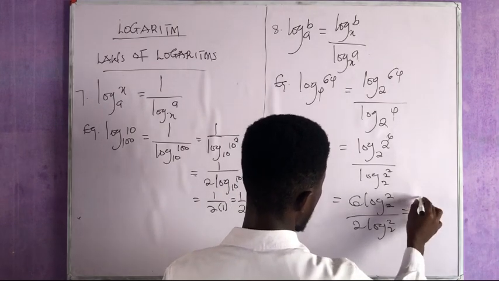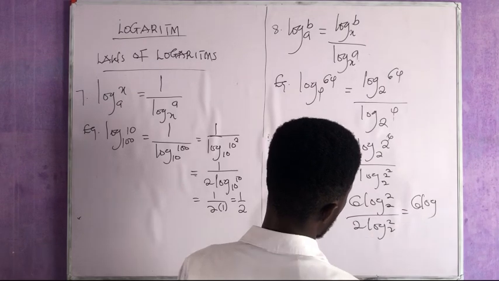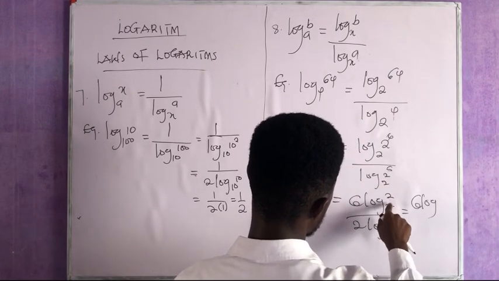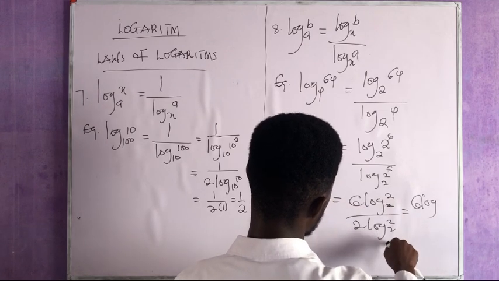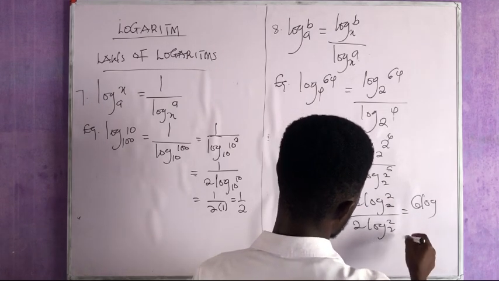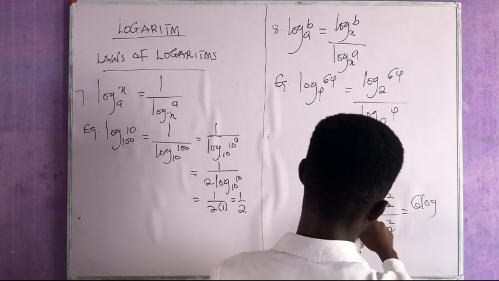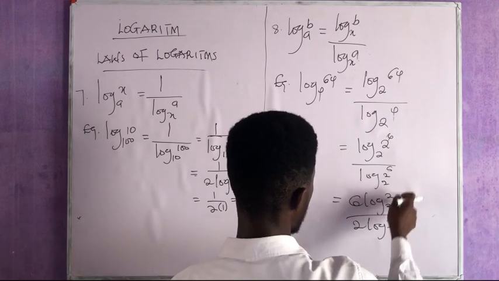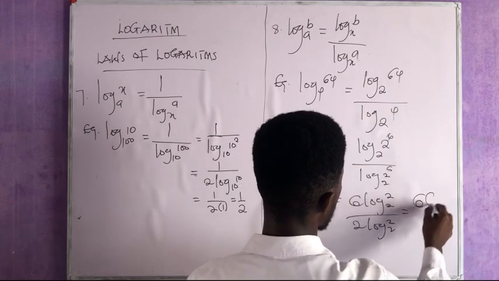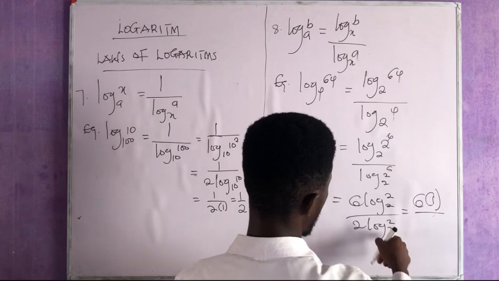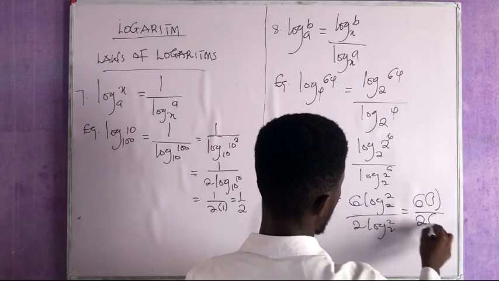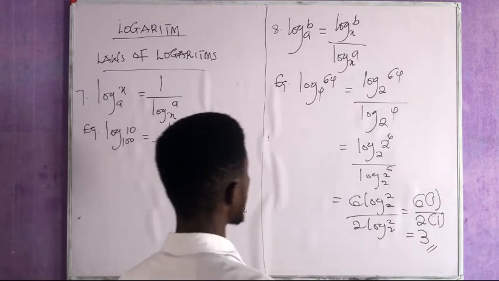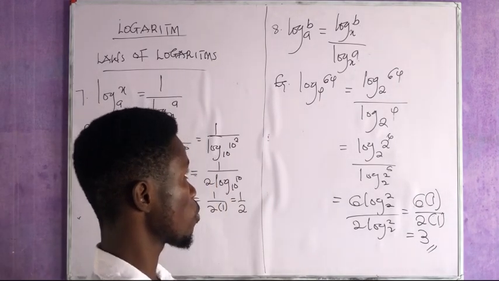And here we know that log 2 base 2 has the same base and the power, so it will go to 1. So I have 6 multiplied by 1, and this one will also go to 1, so 2 multiplied by 1. So then we are getting 3 as our final answer. So these are the laws of what? Logarithm.